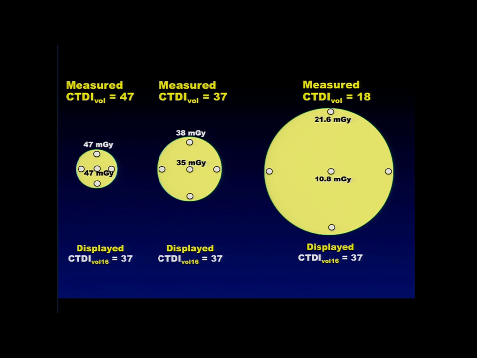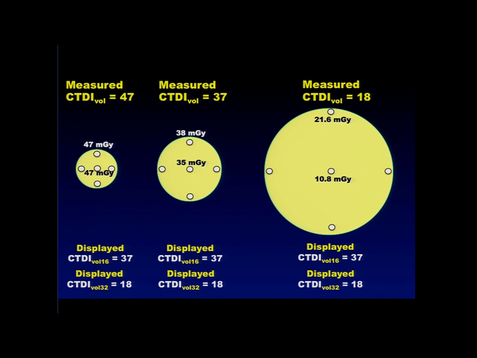That phantom doesn't change. So if it uses the 16 centimeter phantom for its calculations, you're going to get 37 milligray in all three cases. If it uses the 32 centimeter phantom for its calculations, you're going to get 18. And we know that's not the truth. The truth is across the top here.